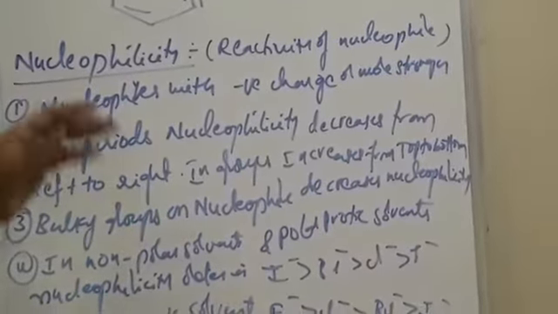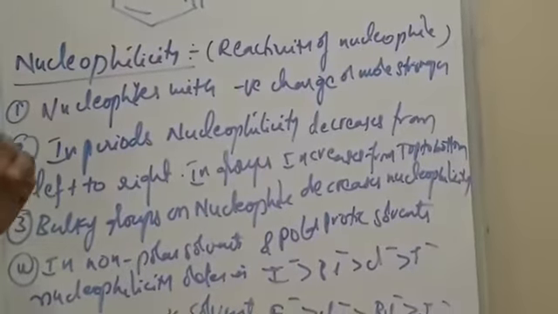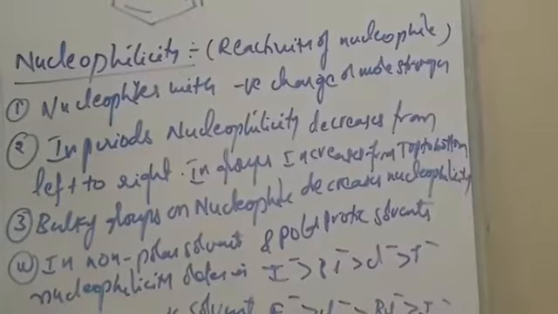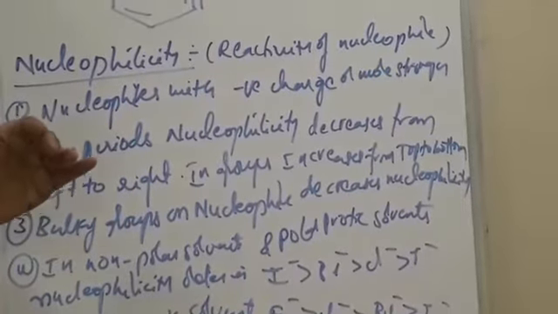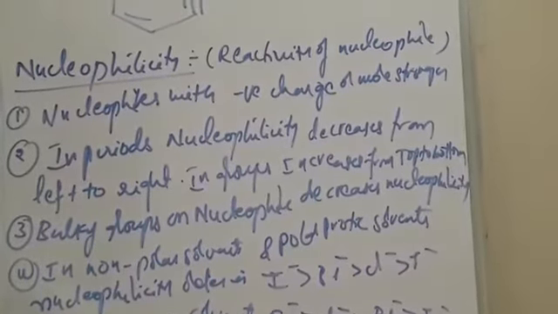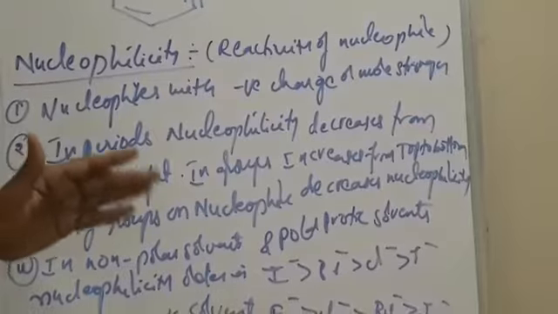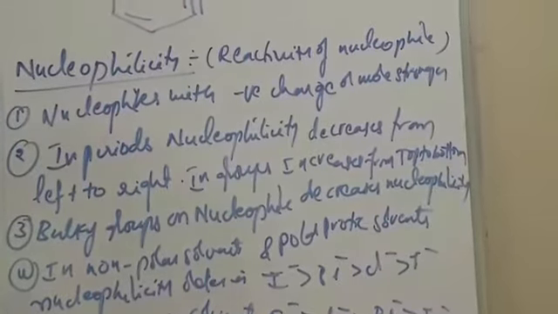Coming to the nucleophilicity order in periods and groups. In periods, nucleophilicity gradually decreases from left to right, and in groups it gradually increases from top to bottom.